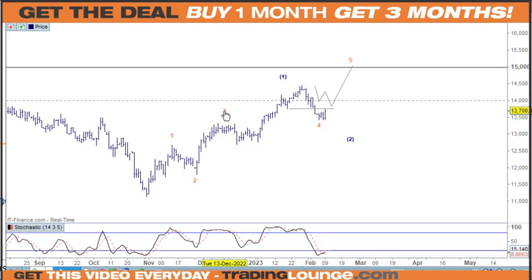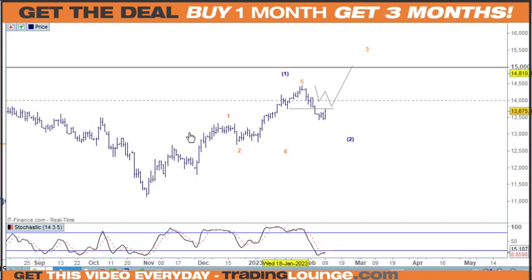At the minimum, you could count it like this, right? And even if you counted it like this, at minimum, there are 5 waves there. So it's bullish. We could have an ABC and then go up again. In one way or another, it's just going up further. That's all it is.